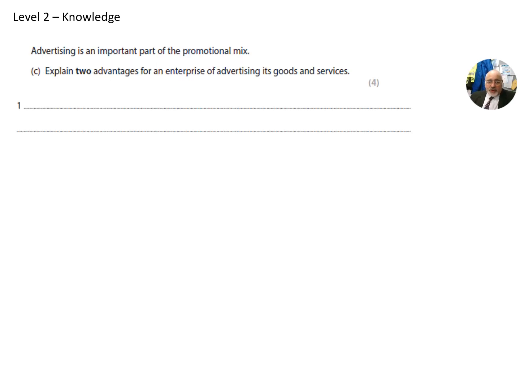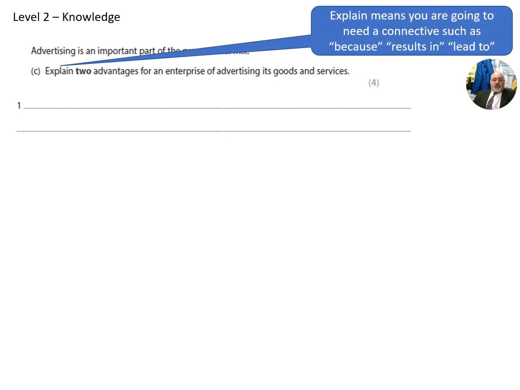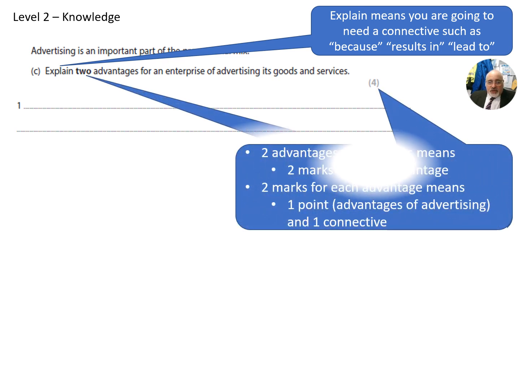So let's take it up a notch, a level, and look at the level 2 knowledge question. Again, there is no context here. It's just about knowing the theory, but because the question asks you to explain, you now need to put a connective into your sentence. The question asks for 2 advantages, but it also carries 4 marks.